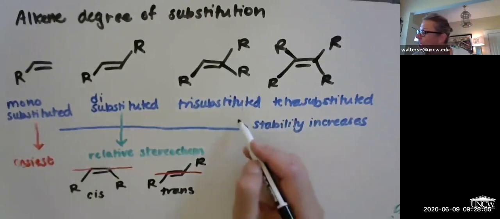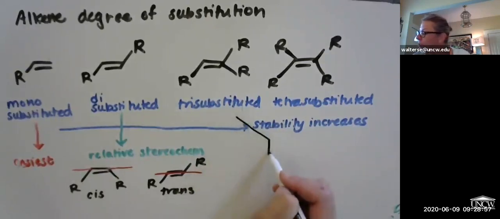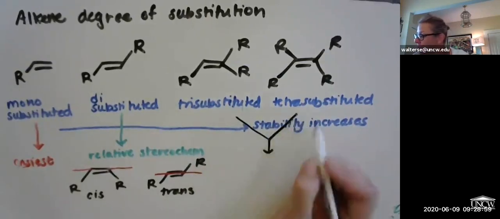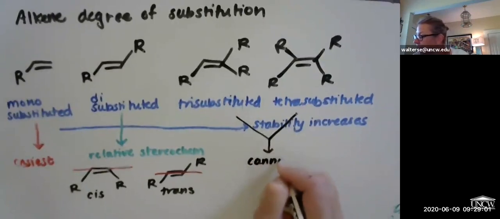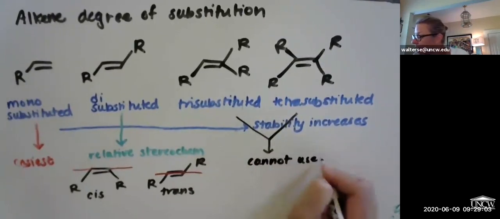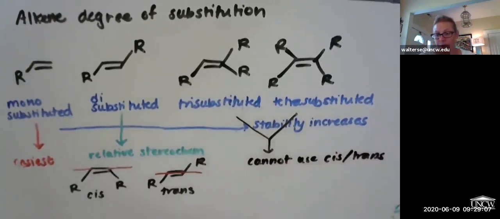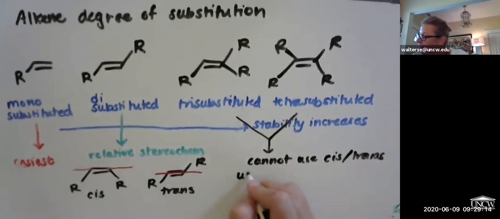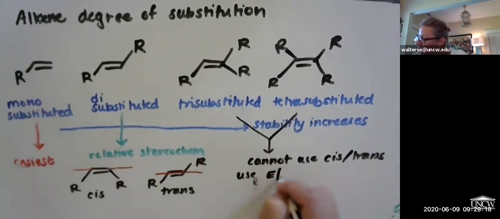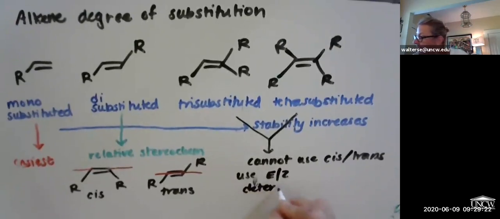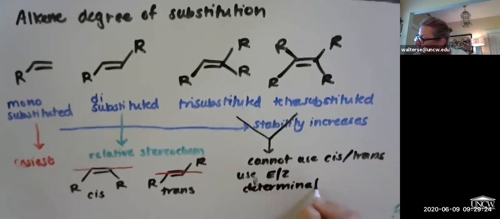Okay. Now the trisubstituted and the tetrasubstituted, you cannot use, or you should not use, cis and trans. What you use is referred to as EZ determination, or EZ stereochemistry.